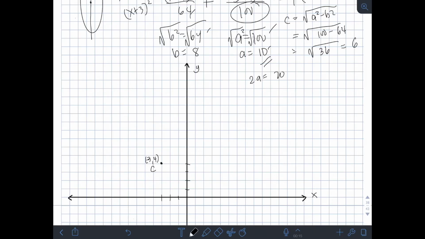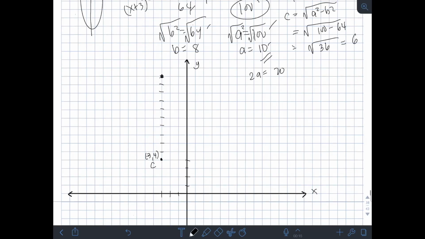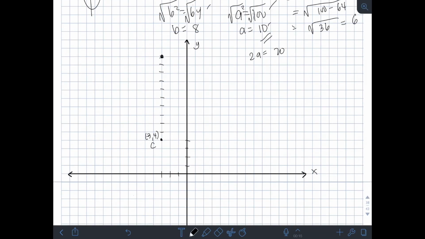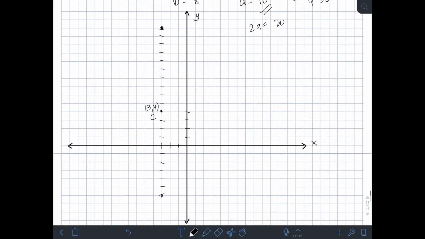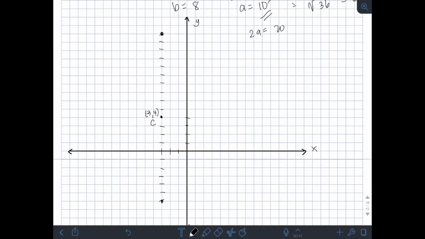Okay? So, sige, from the center, magbilang tayong 10 units pataas. So, mula dito, 1, 2, 3, 4, 5, 6, 7, 8, 9, 10. So, ito. And then, mula dito sa center, pababa din. 1, 2, 3, 4, 5, 6, 7, 8, 9, 10. 10 units.